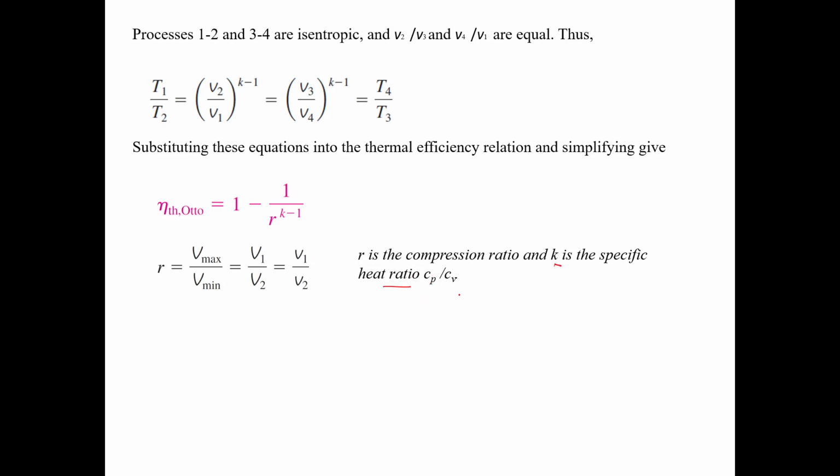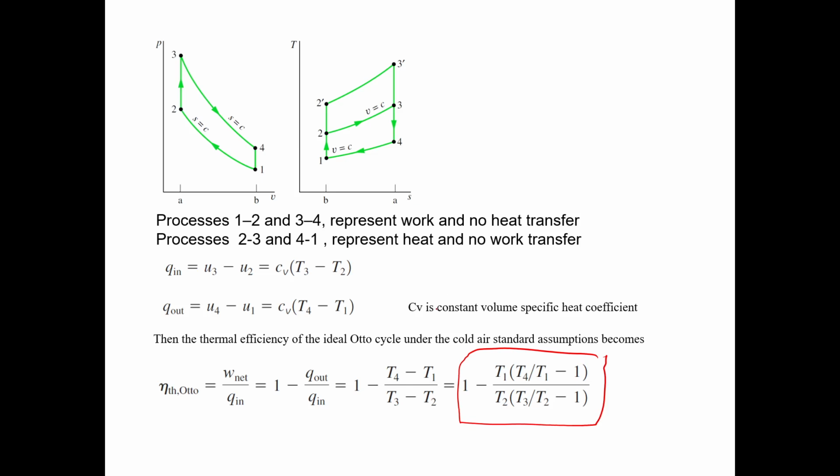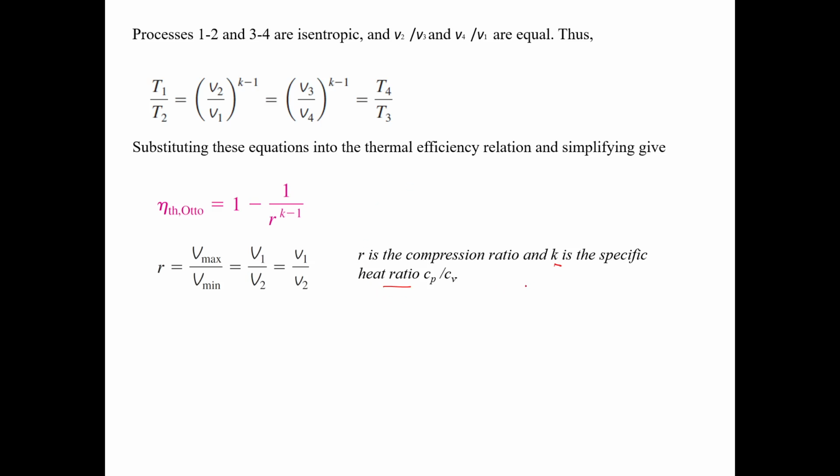So remember, Cv is the specific heat coefficient at constant volume, and Cp is the specific heat coefficient at constant pressure. The ratio between them we call k.